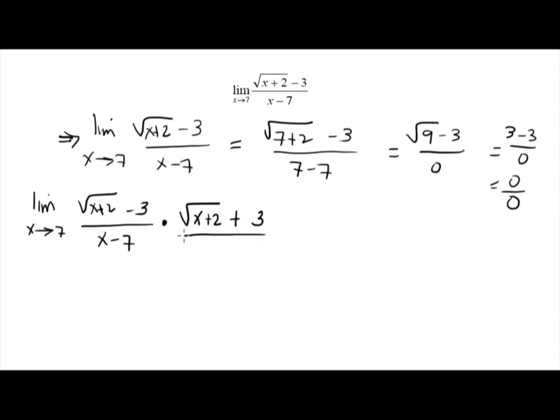Now you will see why we need the conjugate. So it has to be the same, the square root of x plus 2 plus 3. Remember, in basic algebra, if you have x plus y times x minus y, it is equivalent to x squared minus y squared. So this is like your x, this is like your y.